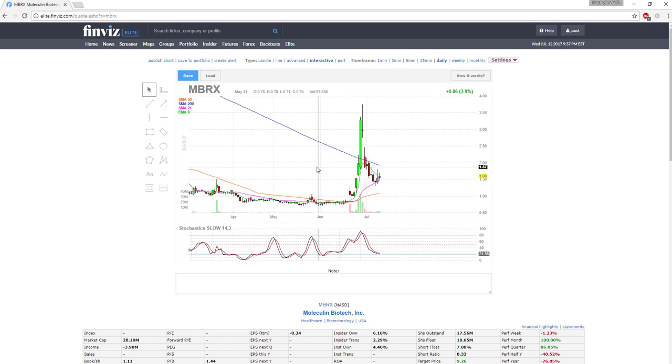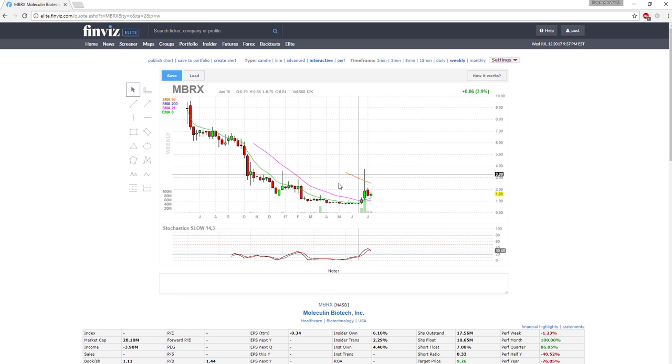So this was a short, but the principles are the same. I typically wait for the exhaustion candle on the short, but when we zoomed out on this chart, we saw where those areas were. So when I was looking at this, I had my first position.